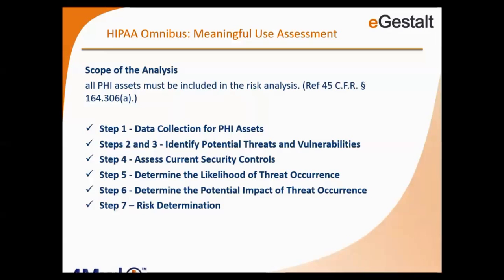If you have lots of systems that have not been patched, that have outdated software, and that can be easily compromised by malware or by hacking in, then clearly that's not a good situation to be in. So the risk analysis will help you determine all those weak links in your business for the PHI assets, and then allow you to come up with risk exposure.